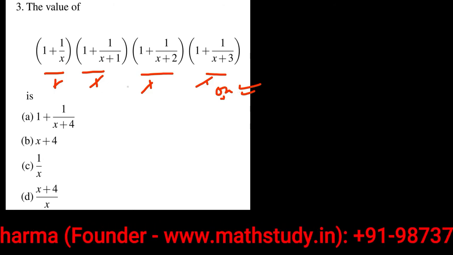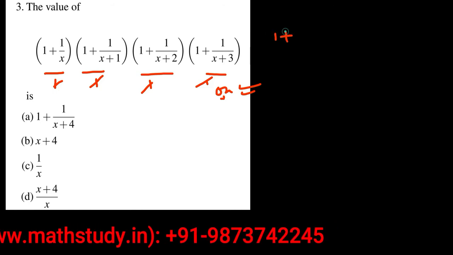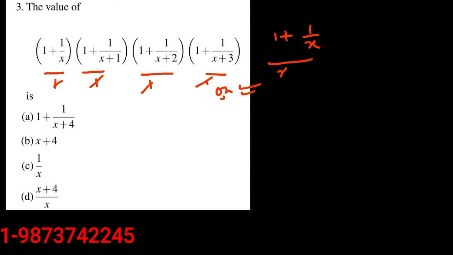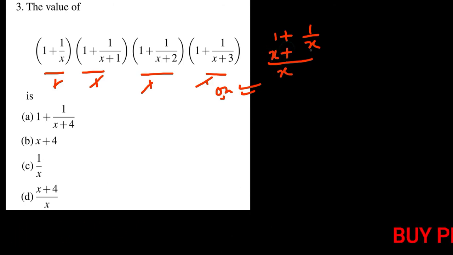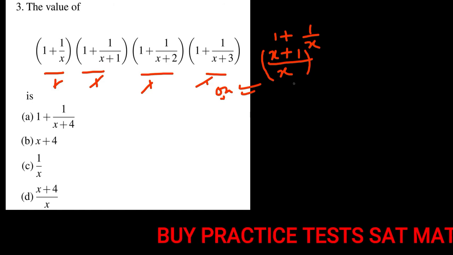So let us simplify the first bracket, which is 1 + 1/x, right? Let us take the LCM here, which is x. Now here we will get x into 1, which is x, plus x divided by x, 1, and we'll get (x + 1)/x. So this is our first bracket now, right? First term is this one.